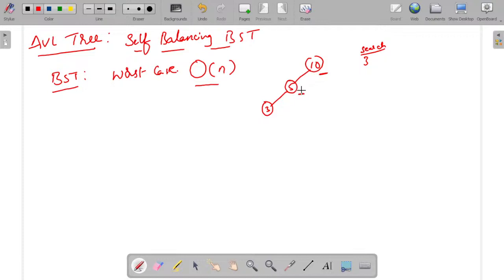And since 3 is smaller than 5, we have to again make comparison here, and this is where we will say that the element 3 is found, right? So here the number of comparisons that we have taken is 3, and whereas the height of the tree is also 3, right? So in worst case scenarios, the search time complexity for binary search tree is big O of n, which is like maximum.